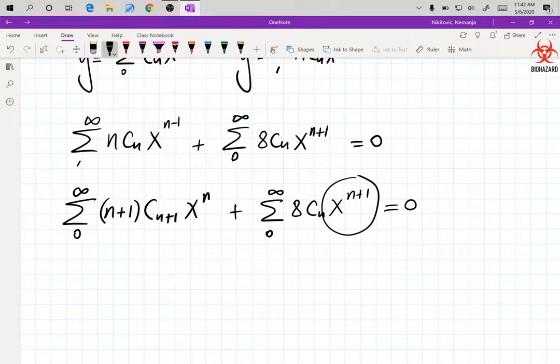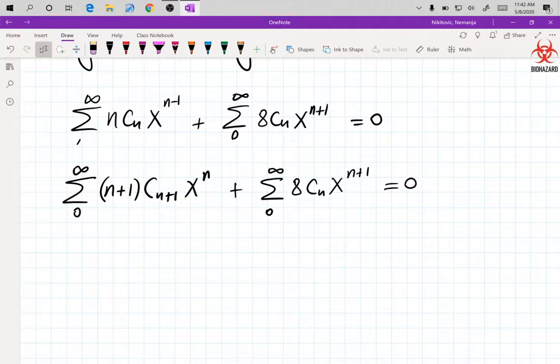When x's have the same power, you can then peel off the terms to match where the series starts. So I need to see what I can do here. Which one do I want to shift?